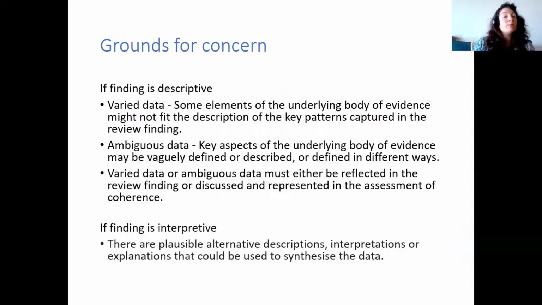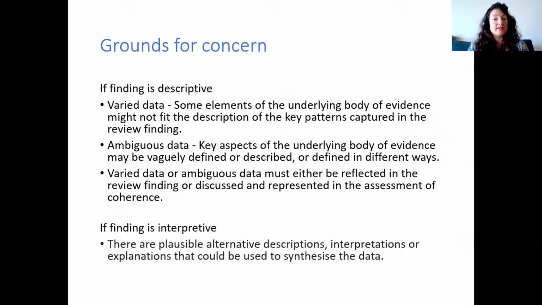Just to add a little bit more about coherence, an important possible first step is to consider whether the review finding that you're assessing is more descriptive or more interpretive. If it's a more descriptive review finding, the concerns might be around variation in the data.